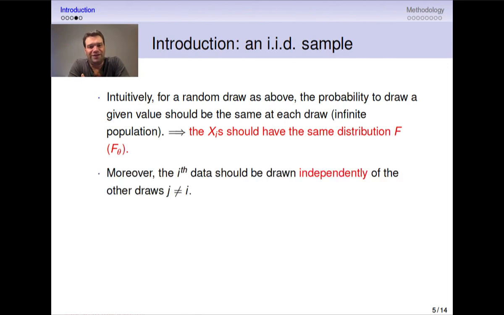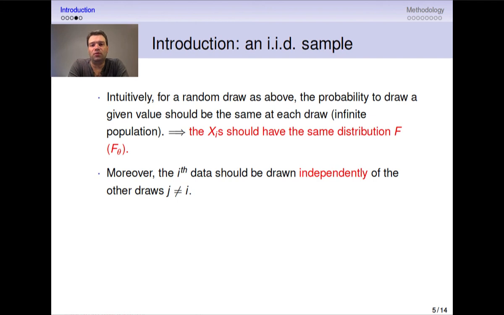The other interesting assumption is to say that all these data should be independent. Imagine that you have to compute the variance of 1 divided by n sum of xi's. If the xi's are not independent, the variance of a sum involves covariances. But if all the xi's are independent, the covariances are 0.